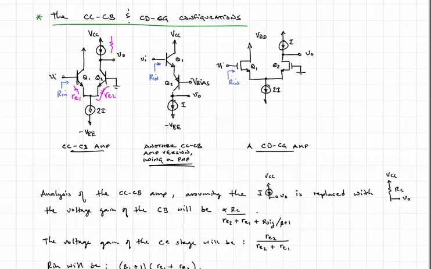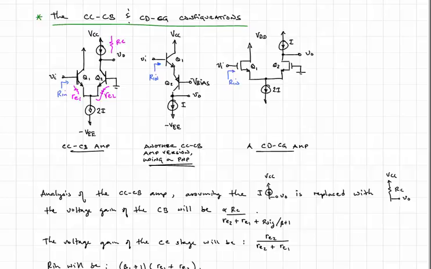The output resistance of this amplifier will be just like a common base or a common emitter. It's basically RC if we're building this discretely, or else we'd have an output resistance that involved the RO of the transistor Q2 as well.